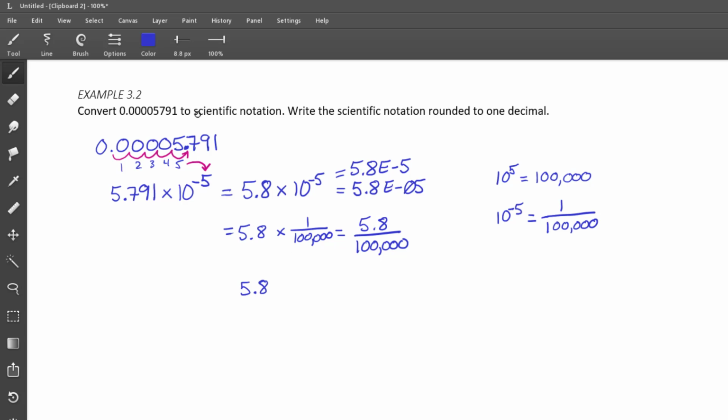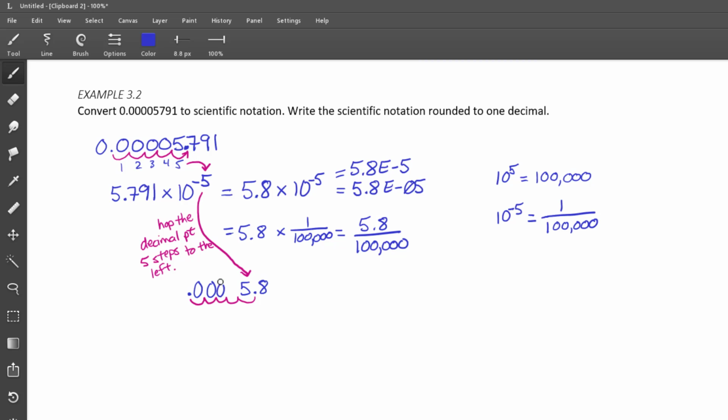And we see that the exponent on the 10 is negative 5. What that means is that we have to take this decimal point and hop it 5 steps to the left. So I'm going to go ahead and do that. I'm going to go 1, 2, 3, 4, 5. Place the decimal there. What's next? Fill in these empty cups with zeros.